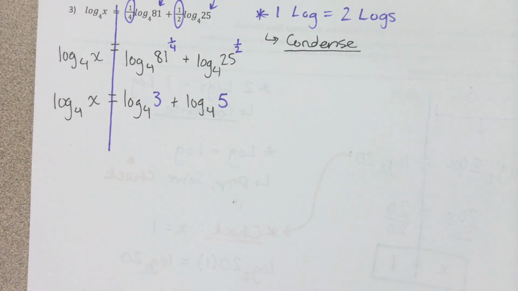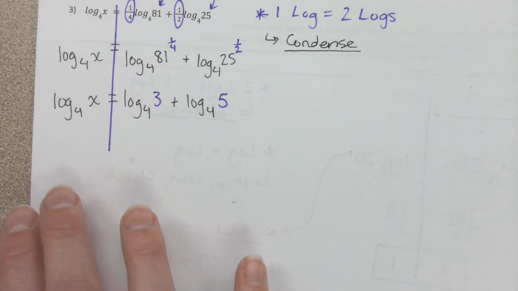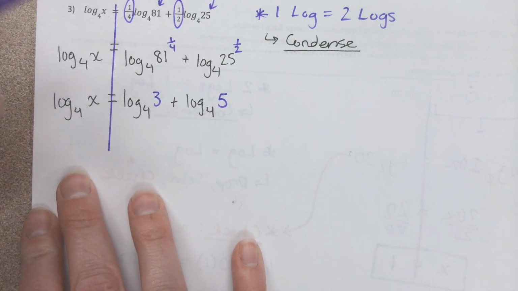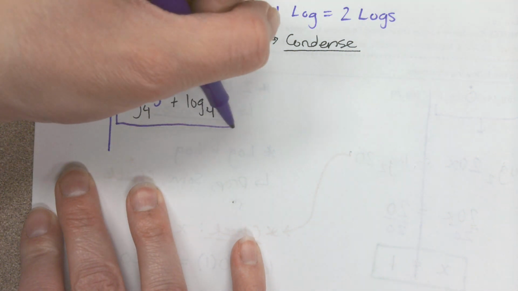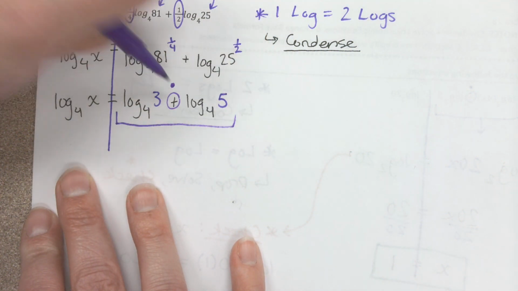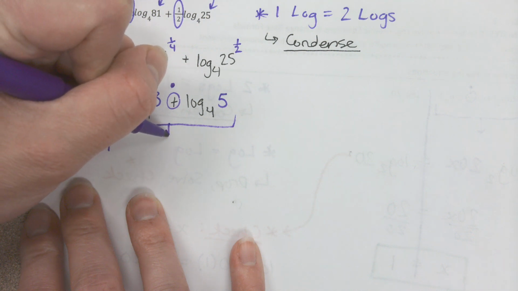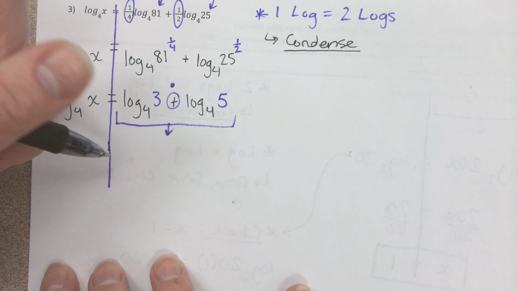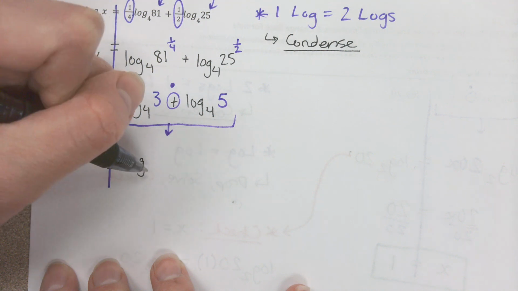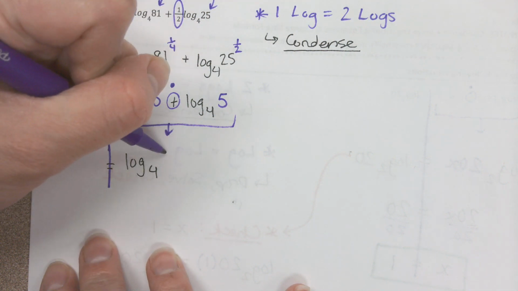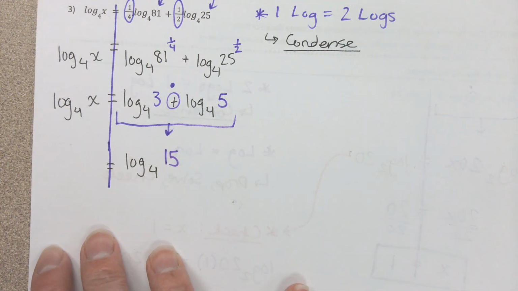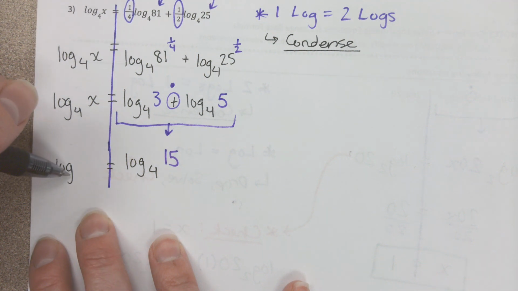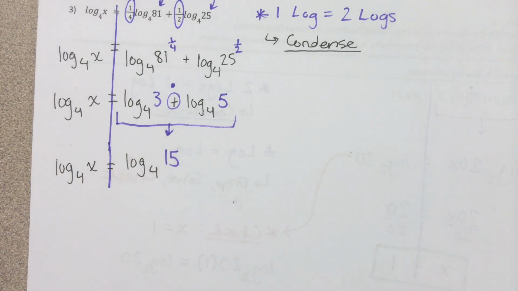One more step and then we're fully condensed. Now that we've taken care of the exponents, we can take care of the plus in the middle, which tells me to multiply the 3 and the 5. So we get log base 4 of 15 on the right, and the left just keeps coming down. Log base 4 of x.